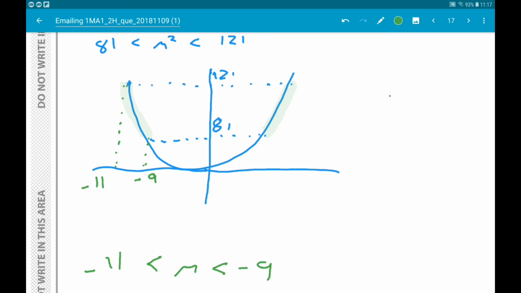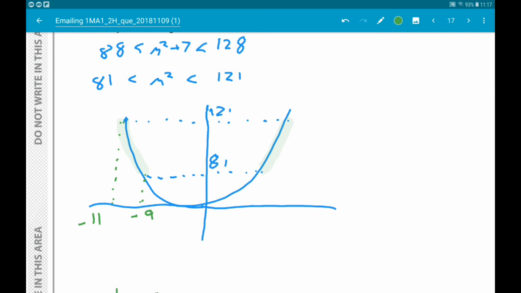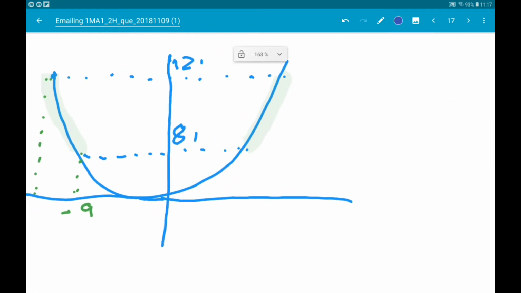Now the other solution is over here, so that m value would be the positive square root of 81, which is 9, and this is the positive square root of 121, so that's 11.